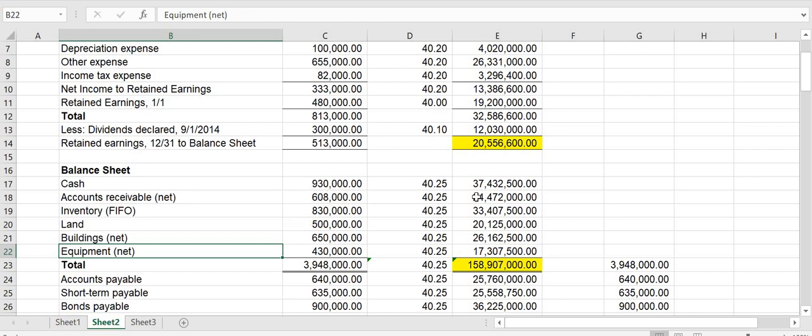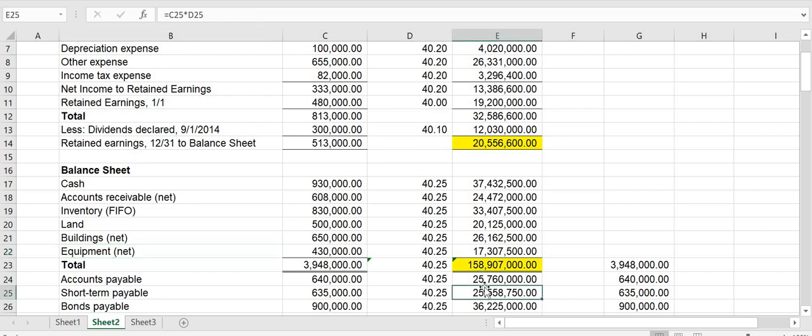Your cash is 37,402,500. Accounts receivable, 24,472,000. Inventory at 33,407,500. Land at 20,125,000. Buildings at 26,162,500. And then equipment at 17,207,500. Again, that's the asset account multiplied by the current exchange rate. So you have total assets of 158,907,000.